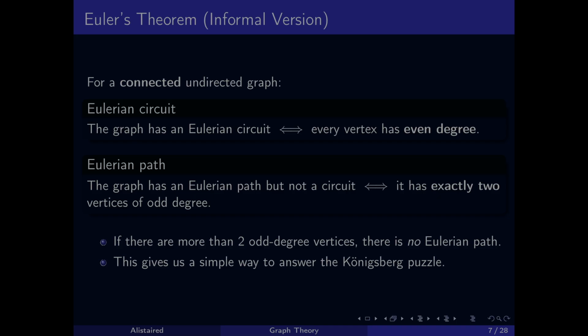And now going back to the graph model, since each landmass is represented by a vertex, each vertex should be connected to an even number of edges, which represent the bridges.